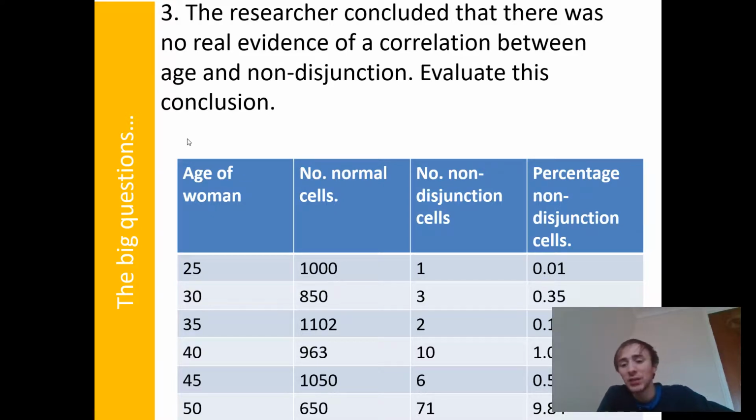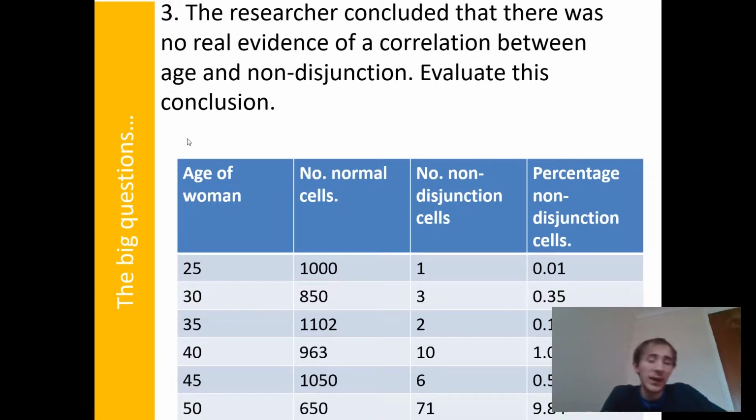And in order to get a final mark for this evaluation, be it the 3rd or the 4th mark, you have to give your own conclusion. So you have to say, I do think it increases with age because I can see it goes up dramatically at age 50, or I don't because it seems to jump all over the place. Both are perfectly reasonable.